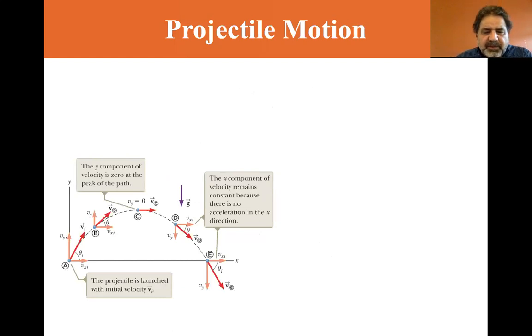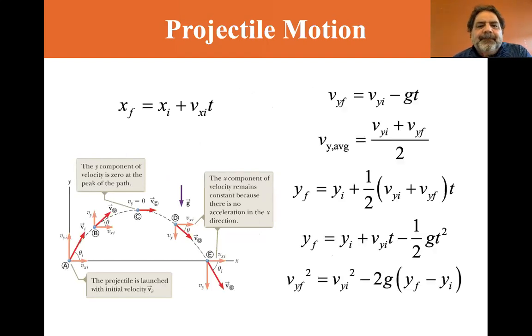it's the same three squares that we read earlier. X final equals x initial plus Vxi times t. And then Vy final equals Vy initial minus gt, because gravitational acceleration is in the downward direction. So Vy average is equal to Vy initial plus Vy final divided by 2.